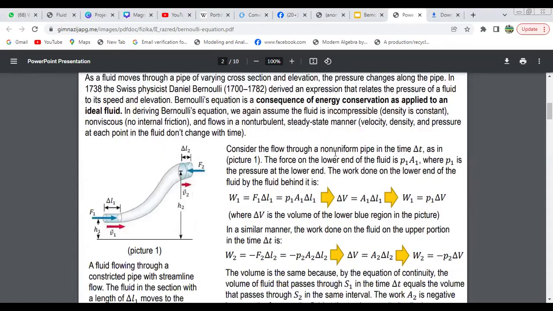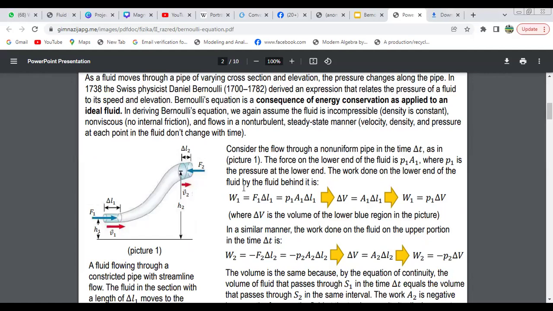Okay, consider the flow in a non-uniform pipe over the time del t. This is the pipe or tube, and here the pressure is F1 with a small change in length del L1, velocity V1, and the height is H1. Here the height will be H2, and the pressure will be P2 for this surface.